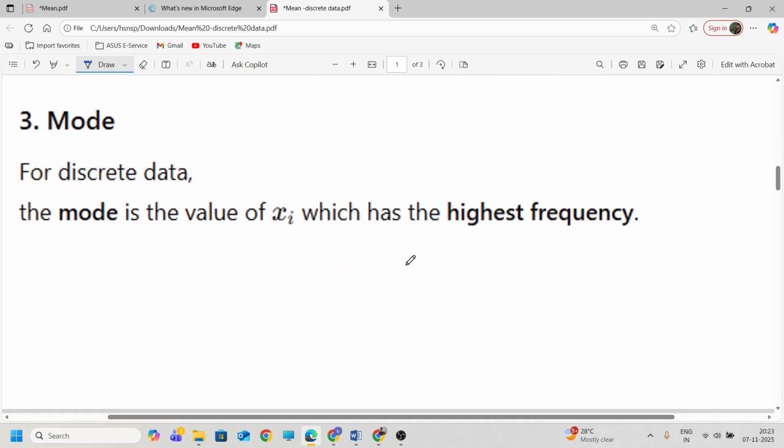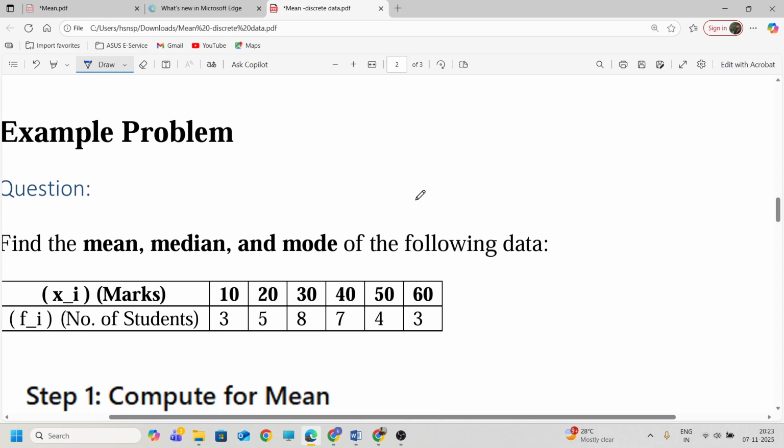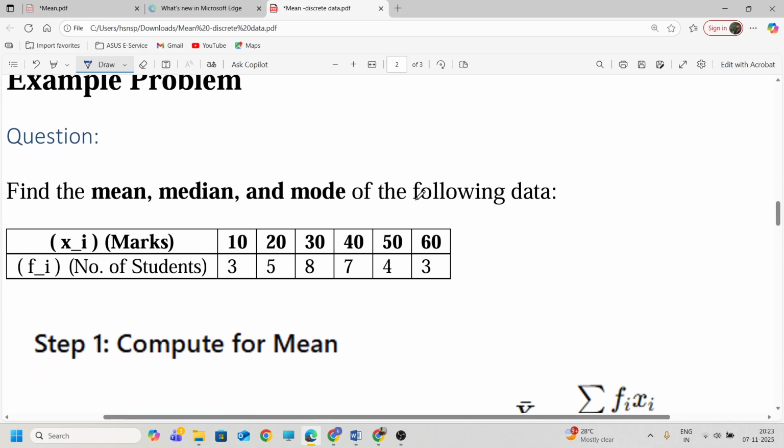I will explain using an example. And mode means the most repeated value in individual data. Here the mode means where the highest frequency is, the corresponding data is called the mode. Highest frequency's corresponding data is called mode.